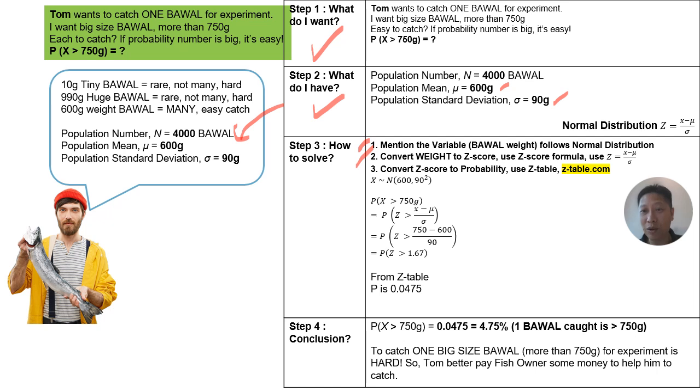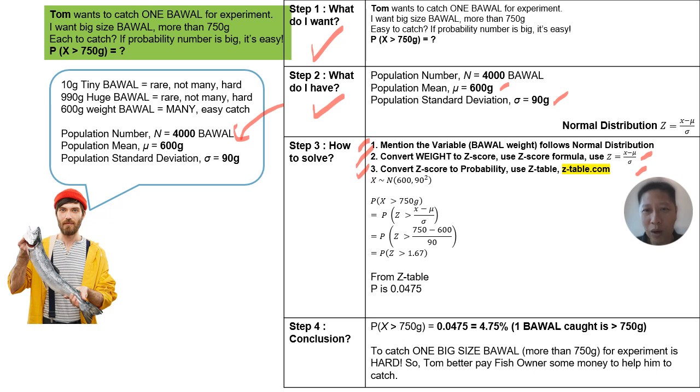How can we do the conversion? We can use the z-score formula to help us. Step 3, we want to convert the z-score number just now into the probability number. How to convert? We're going to use the z table.